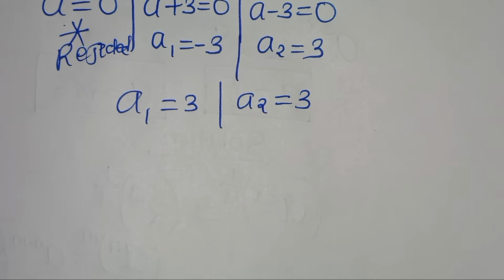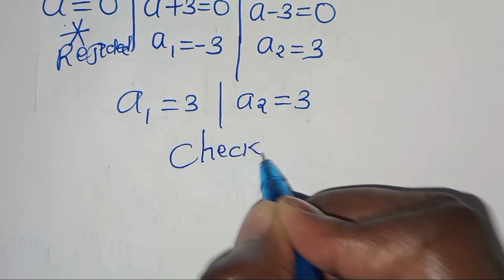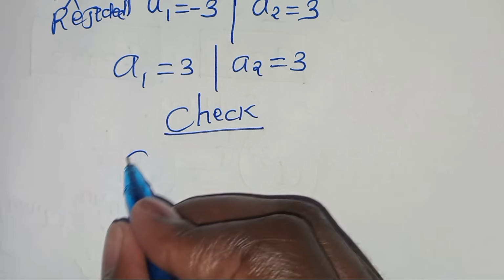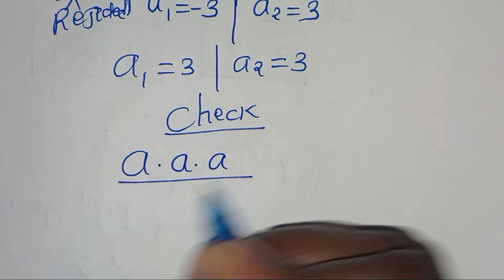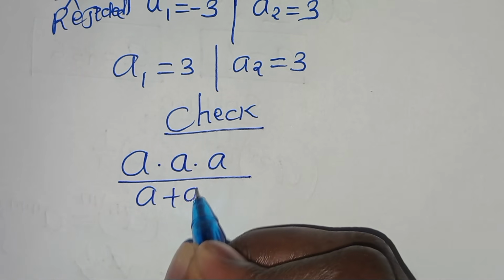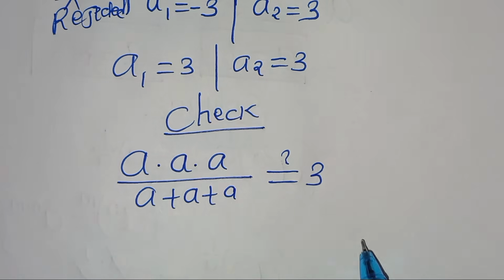So let's check if a1 and a2 satisfy the equation. So we have a multiplied by a multiplied by a divided by a plus a plus a. This should give us a value of 3.